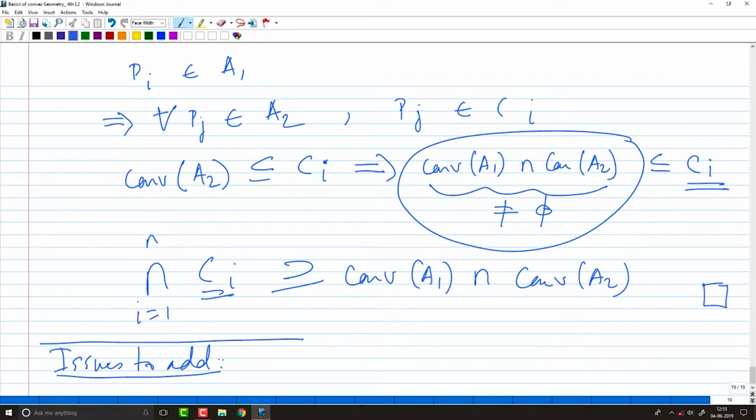You know Pi is contained in all Cj's where j is not equal to i, but even the point that you have selected may be contained in Ci also. See, for Si what did we need? A point Pi such that it lies in all the convex sets contained in Si. I did not say find a point that lies in all the convex sets containing Si and should not be contained in Ci. This is not what we are saying.